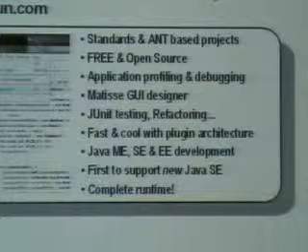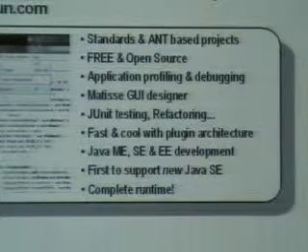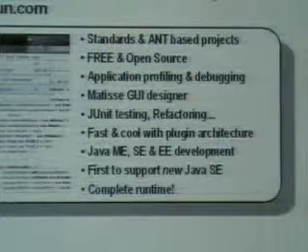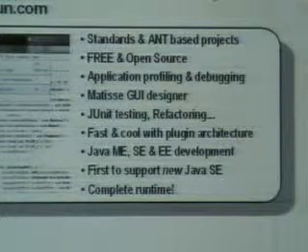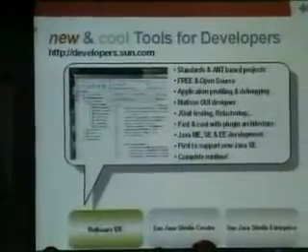You can take it to another IDE, import the Ant scripts, and build it straight away. You can even import projects from other IDEs, including Eclipse. There's an Eclipse import plugin, and there's a JBuilder plugin, and you can use all those to import your project directly into standard NetBeans.